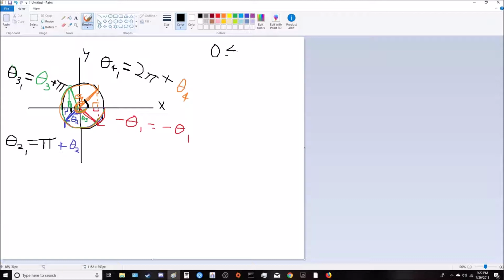And we get from a very restricted domain of theta being between 0 and pi over 2 radians, and by the unit circle, theta can be any number that we want it to be.